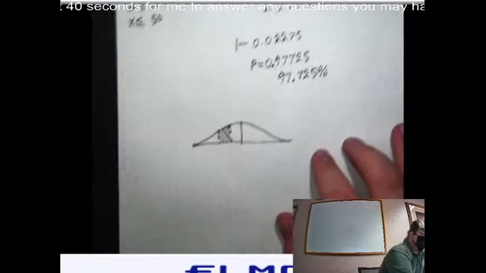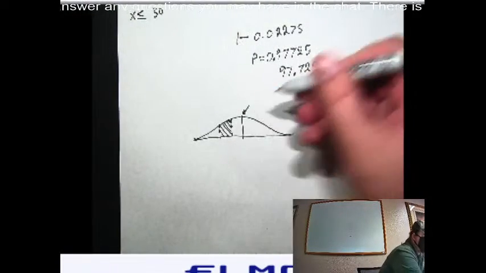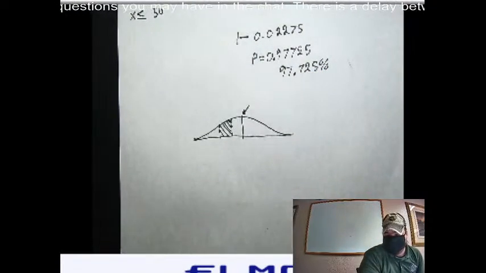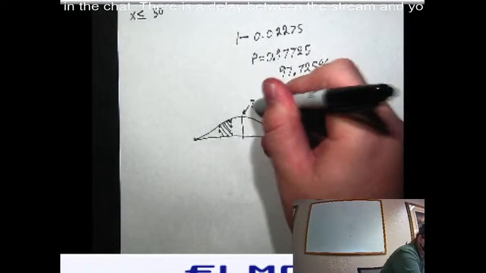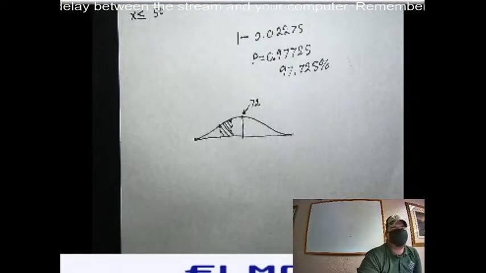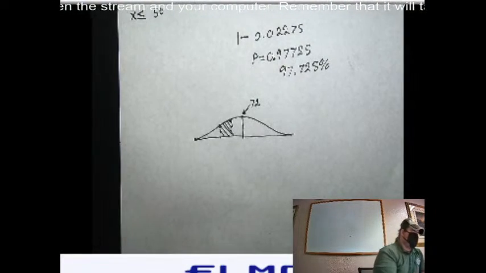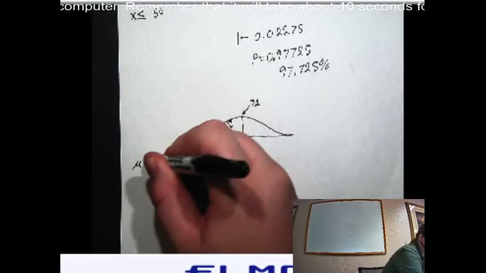Let's say that I've got some values here. My mean, mu, equals 72.